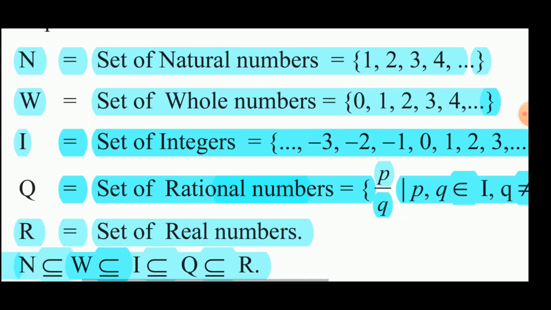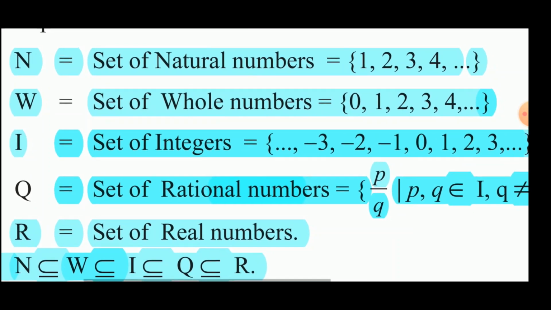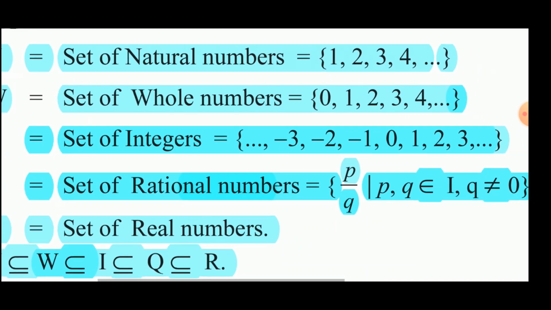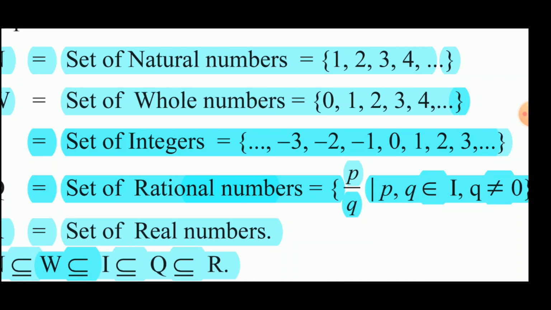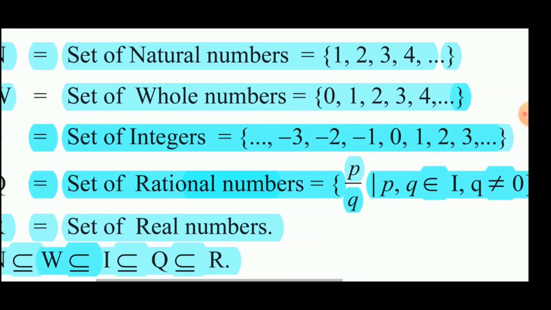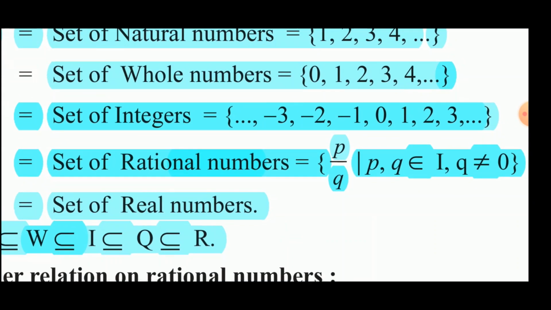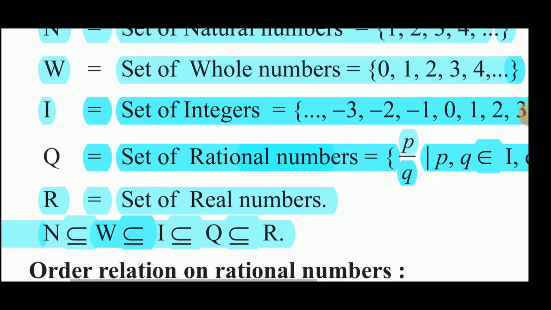This set of rational numbers is denoted by Q, and it consists of all the integers as well as the fractions. Now these fractions are positive as well as negative. The set of rational numbers is denoted as p upon q, where p and q both are integers and the denominator q is not equal to 0.